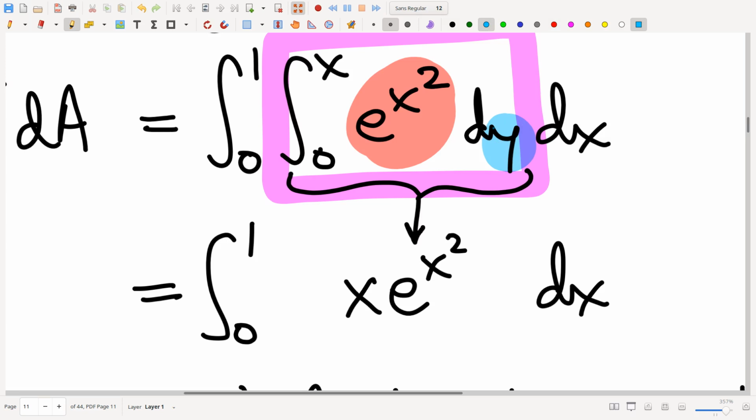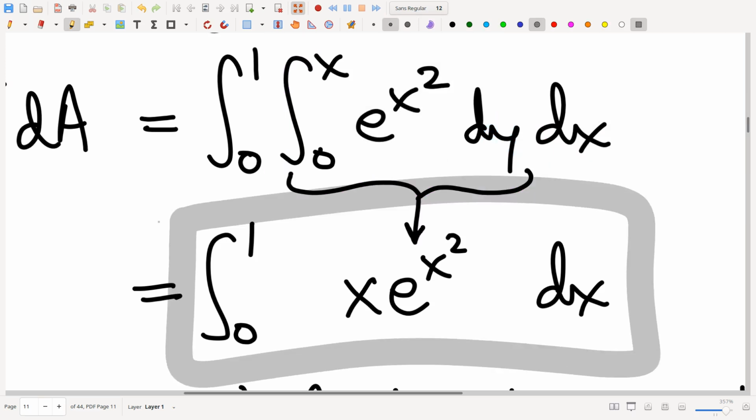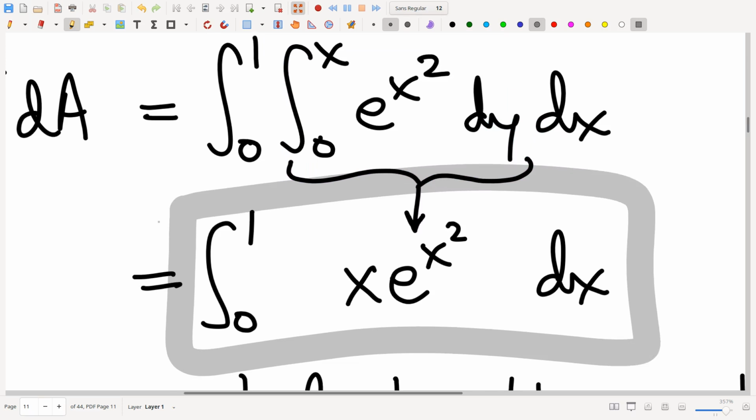So this is not the world's scariest integrand. This is, in fact, a great big constant, because x is the outside variable. That means x is a constant, and it's super easy to integrate. And then the actual x integral that you end up looking at is doable with a substitution.